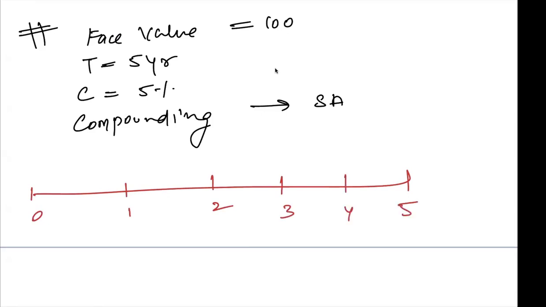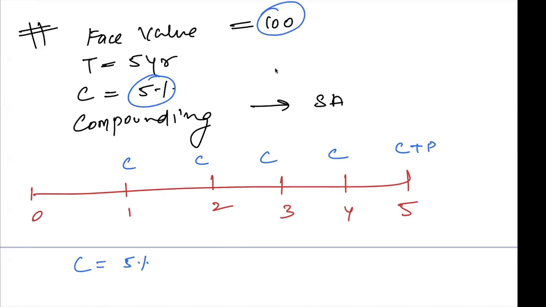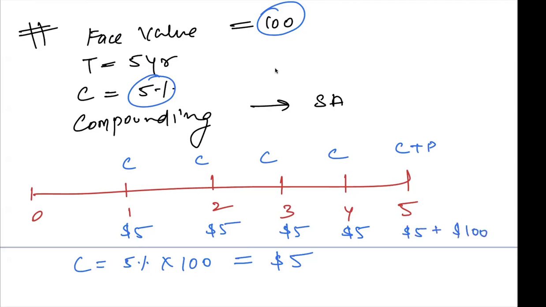We'll receive coupon, and in the end we'll receive coupon plus principal. This is the basic math. What is the coupon? 5% times 100, which is $5. So you receive $5, and here you'll receive $5 plus $100. Correct or not?